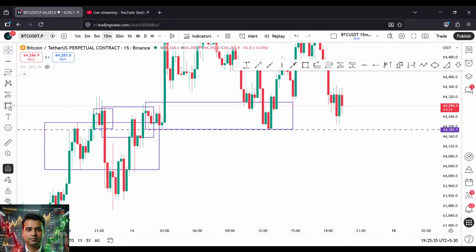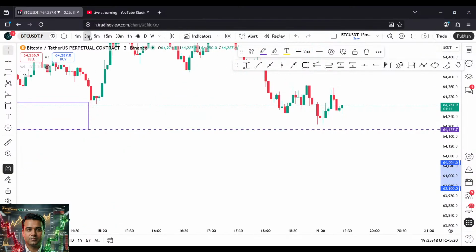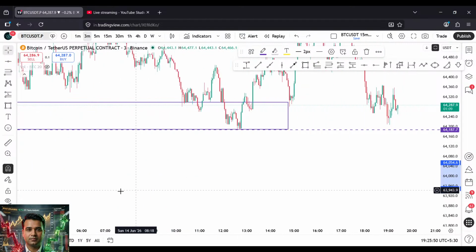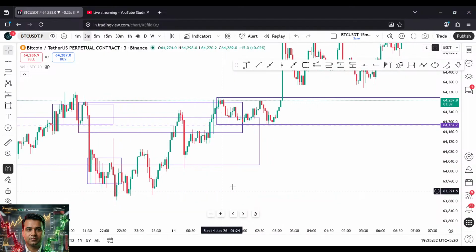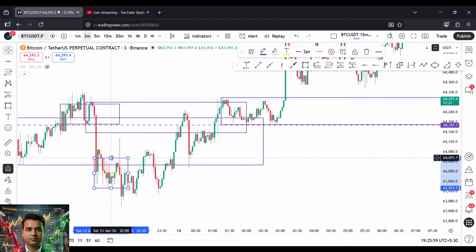Okay, this one, price before going down, price goes up, so we will go to a lower time frame, I think 3 minutes time frame, and we will see this in detail. Price came down, goes up here.